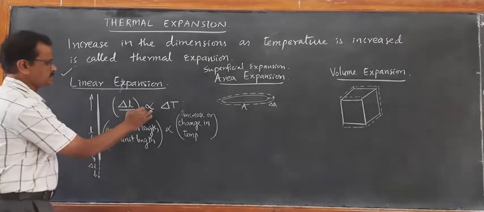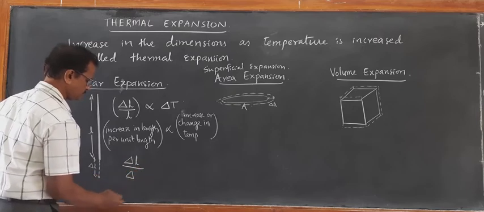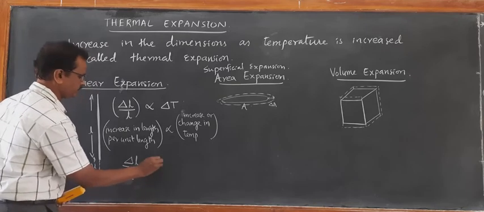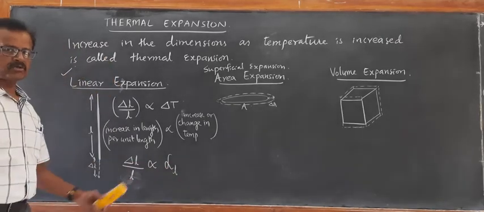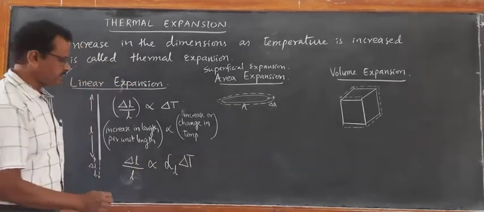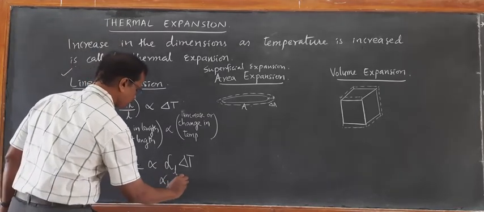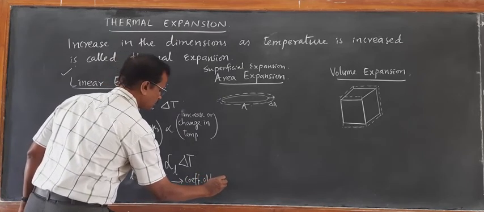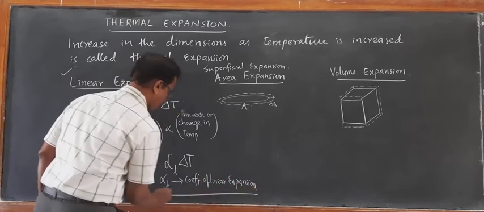Now when we take out this proportionality sign, we write one constant. Delta L by L, the fractional change, is equal to alpha L into delta T. Alpha L is a constant of proportionality called coefficient of linear expansion.